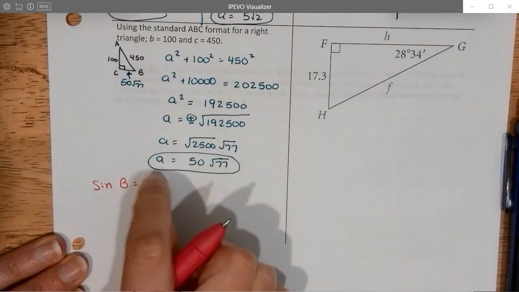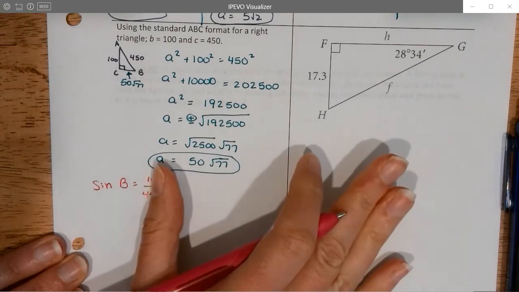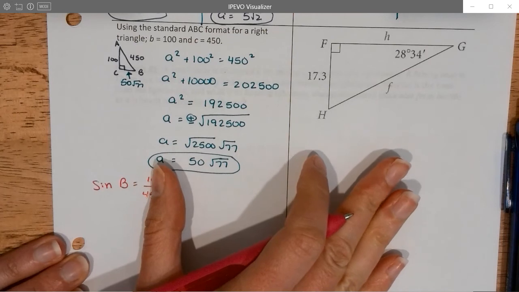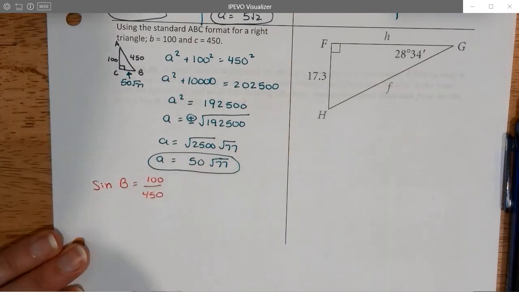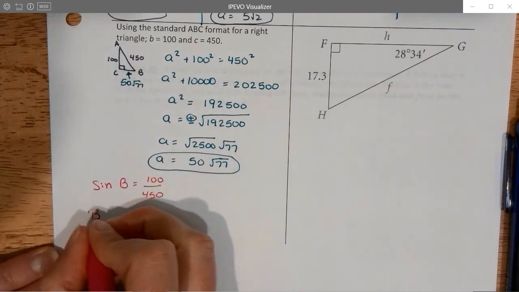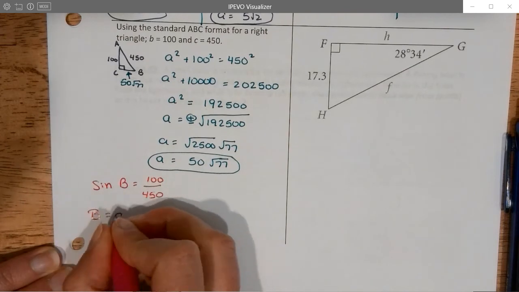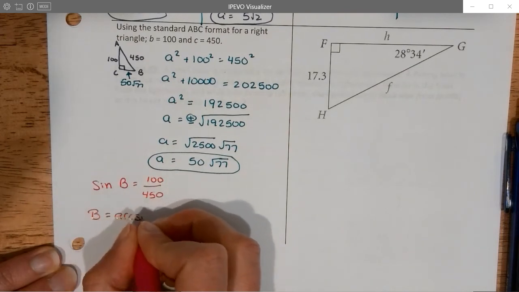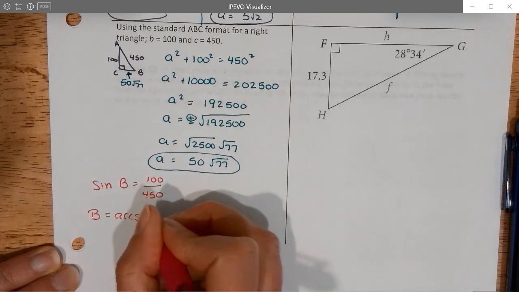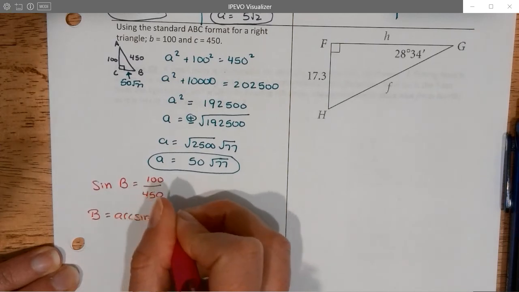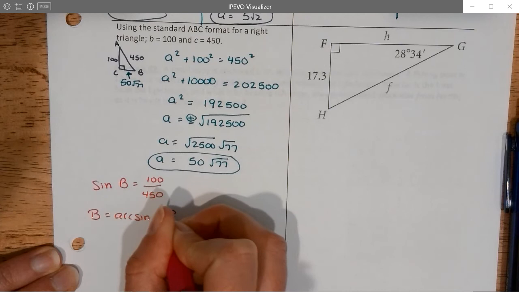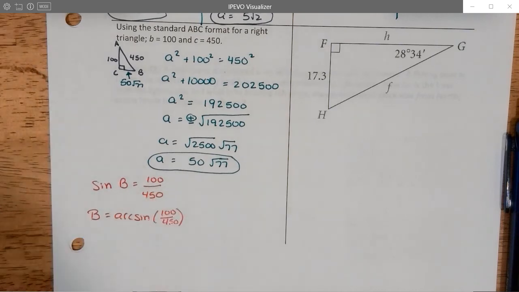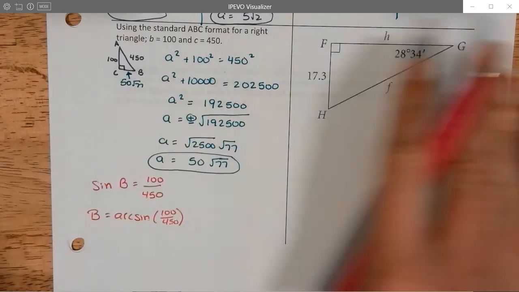Now that's not one of my pretty ratios. Even if I reduce it, I'm not going to get something like a half or square root of 2 over 2. So I'm going to use the arc sine. So B is equal to the arc sine of 100 over 450. If you want to reduce that, you can. It's not actually necessary, so I'm just going to leave it alone.